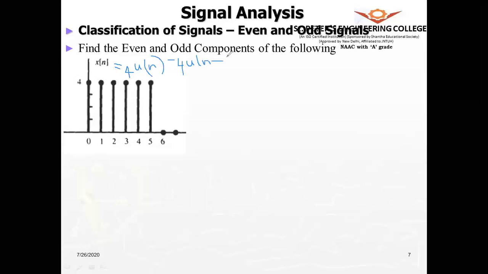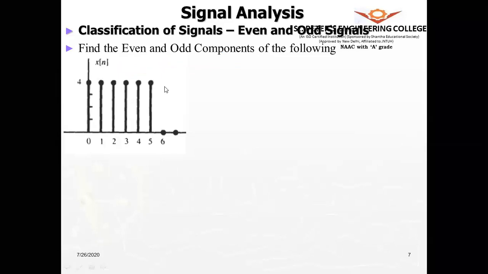Again, here I cannot take simply u of n minus 6, because u of n minus 6 will have an amplitude of 1, but we want the amplitude as 4. So it is 4 into u of n minus 6. The amplitudes of plus 4 and minus 4 will subtract from n equals 6 onwards. So we have written the graphical form in function form also.